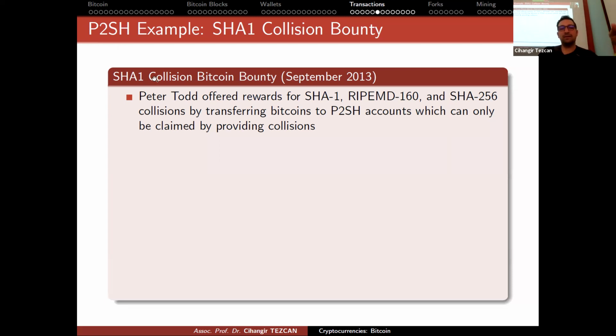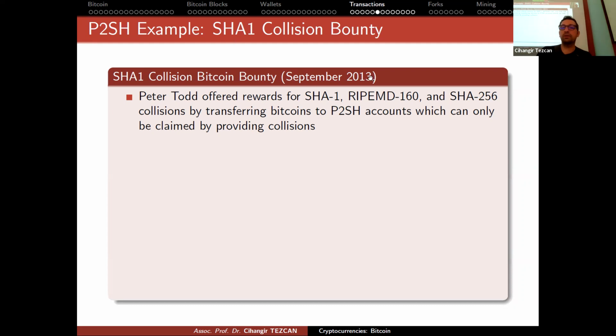So I like this script, which is actually referred to as the SHA-1 collision bounty. Peter Todd offered rewards for SHA-1, RIPEMD-160, and SHA-256 collisions by transferring Bitcoins to pay-to-script hash accounts, which can only be claimed by providing collisions. So he wanted to encourage people to try to find collisions to see if these hash algorithms are secure.